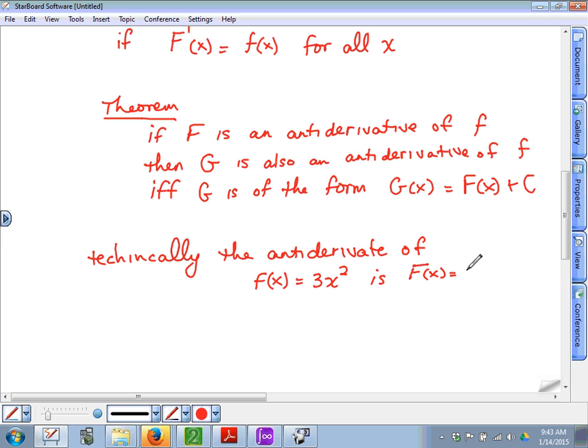Plus anything, plus c. So it's x cubed plus c, where c is a constant. So all of you, I'm sure, had some x cubed plus 2, x cubed plus 10. I would have thought of x cubed plus pi. Did anybody have that one? You did? Yeah! X cubed plus pi.